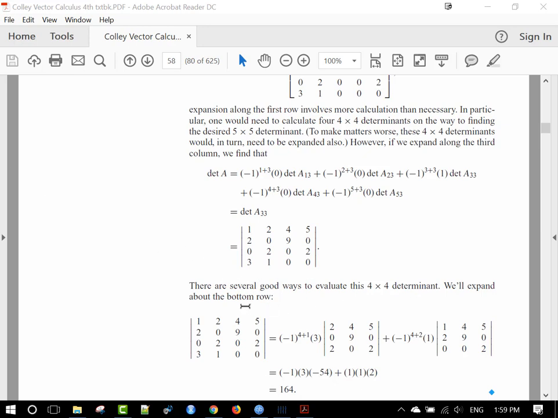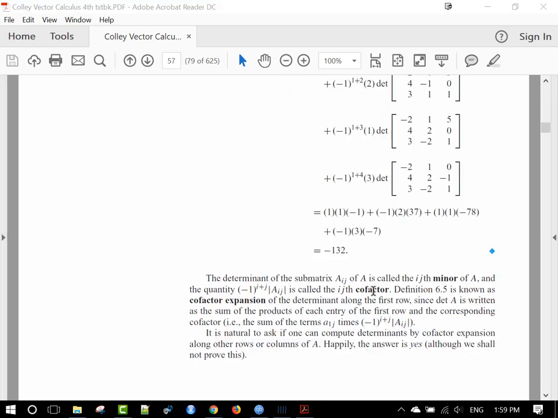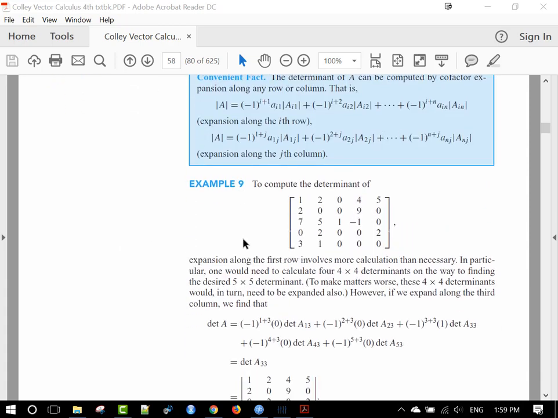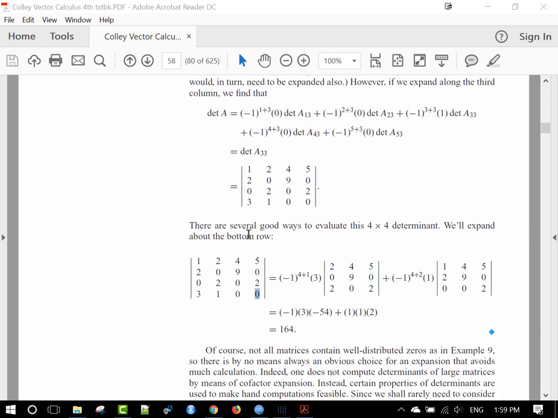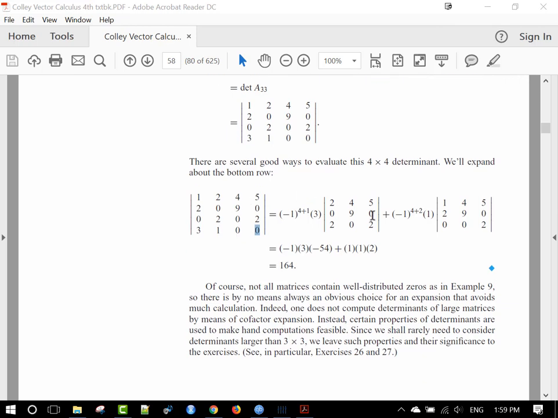They expand around the bottom row. So that means we're going to go here, then this element, then this element, and then this element to get the various cofactors. And that's going to be our cofactor expansion. And if you work it out, I guess you get this.